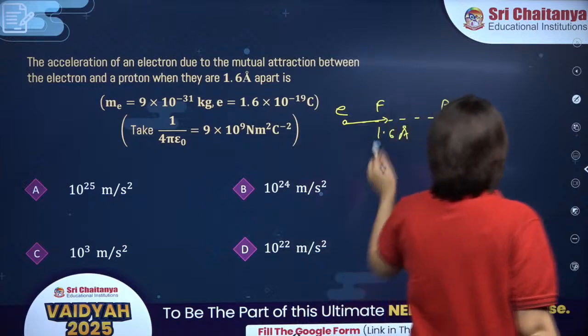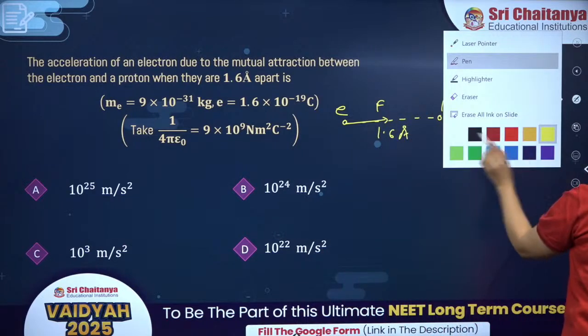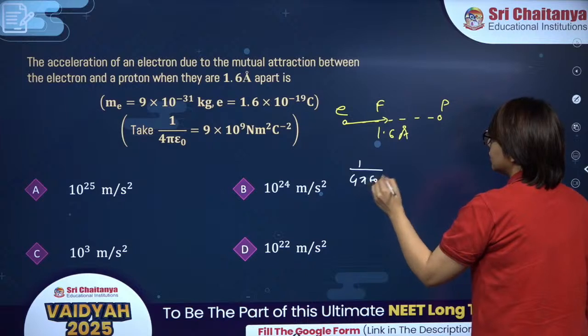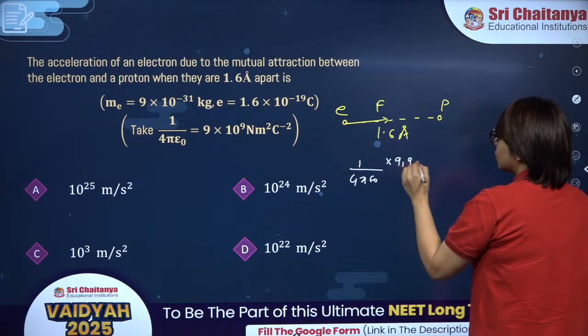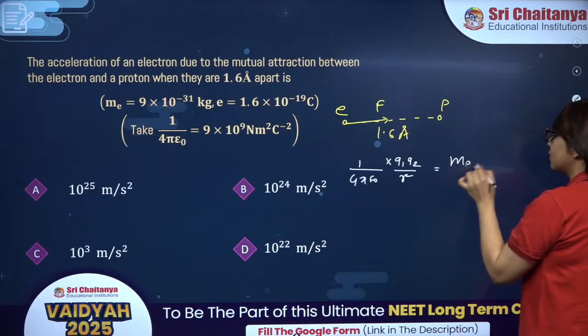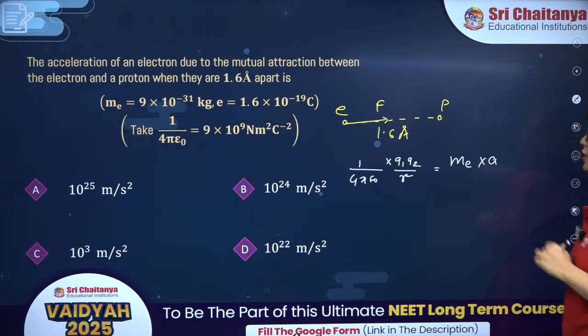So force of attraction in this case is 1 upon 4 pi epsilon naught q1 q2 divided by r square, and it should be equal to mass of electron into acceleration of electron.